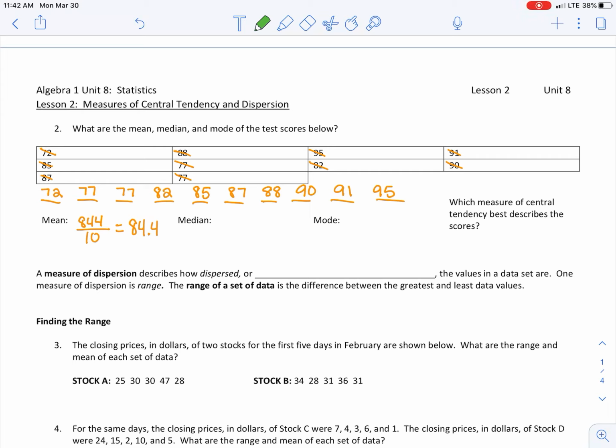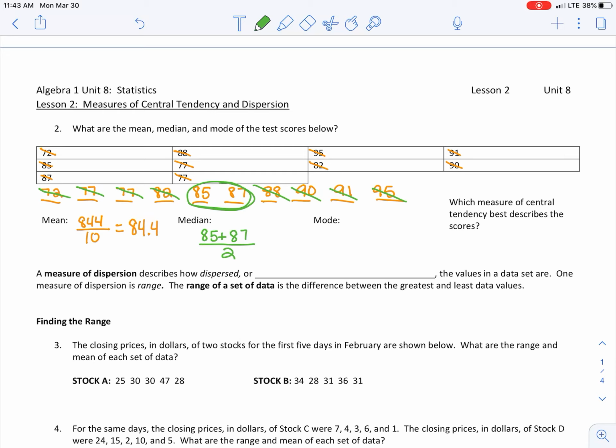From here we can find the median. Since they are already in order from smallest to greatest, we're going to cross off one from our least, one from our greatest, and continue to do that until we reach the middle. Again, we have two values in the middle, so we take the average of those by adding them together and dividing by 2.